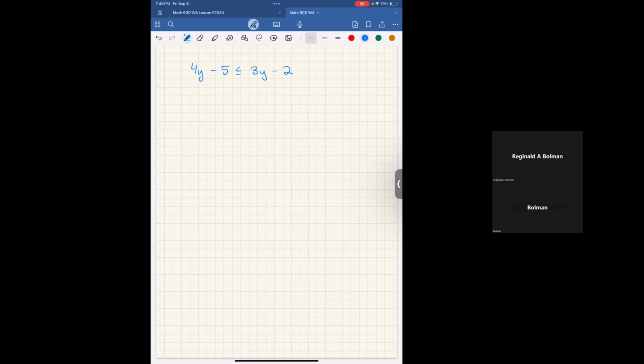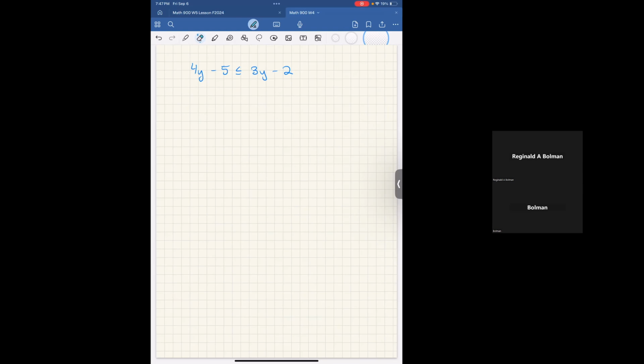In this instance, you need to decide whether you want all of your y values on the left side or on the right side of your inequality. Once you make a decision, you use the additive inverse on both sides of your inequality symbol in order to move the values to the correct side. Once that's finished and you've solved for your unknown variable, you'll be left with a solution set.